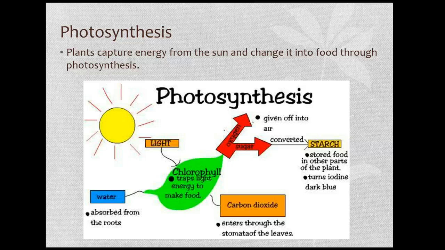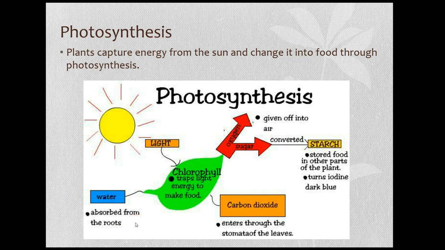Okay, so photosynthesis. Plants capture energy from the sun and change it into food through photosynthesis. Hopefully this is all stuff that you guys already know. If you look at this graphic that I have here, we start with water, and the plants get the water from the roots. It sucks it up, whether it's a tree, whether it's a carrot, or whatever.